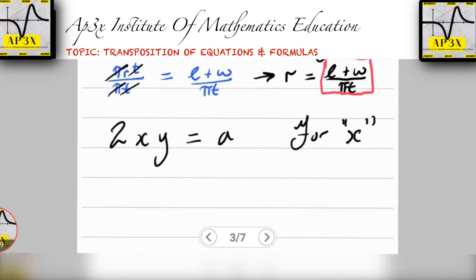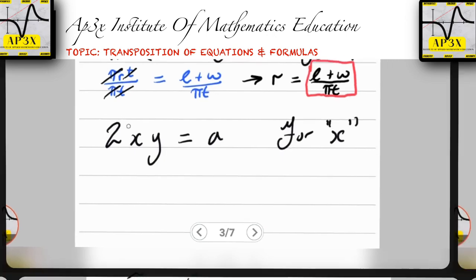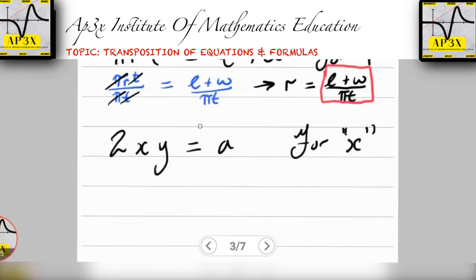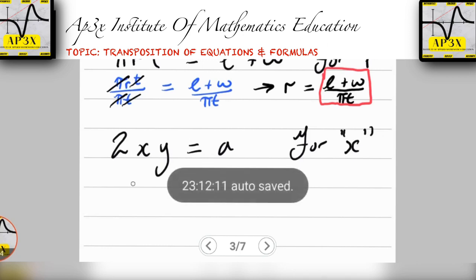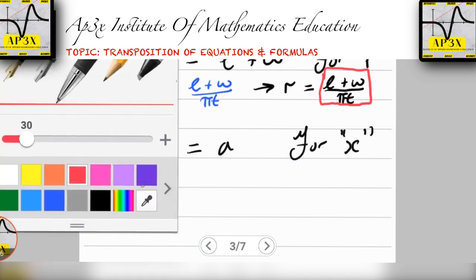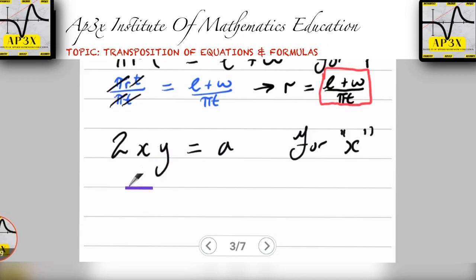Now for this example here, we're looking for x. This time a constant and the variable are connected to my intended subject. So in this case, I need to get rid of 2 and y. So we're going to say 2xy divided by 2y is equal to a divided by 2y.